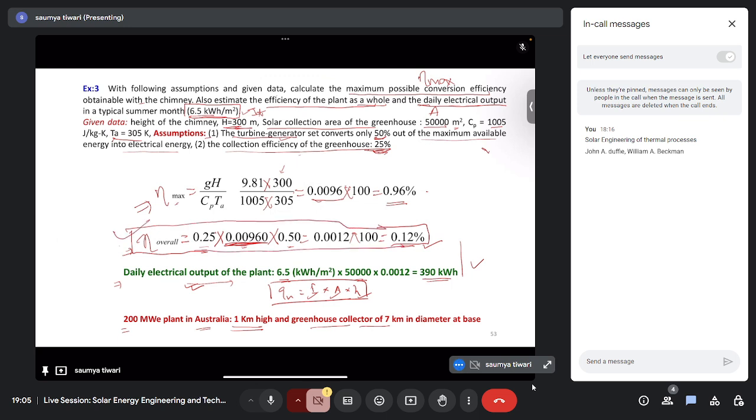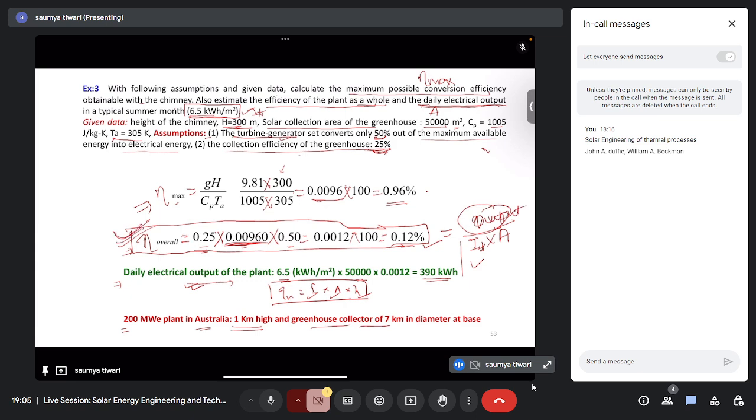It's very low, right? And if you want to calculate the daily electrical output of the plant, you know the efficiency, so it's basically Q useful upon your input, which is the incident I into your area A. In terms of output, if you say electrical output, we can use this efficiency term.